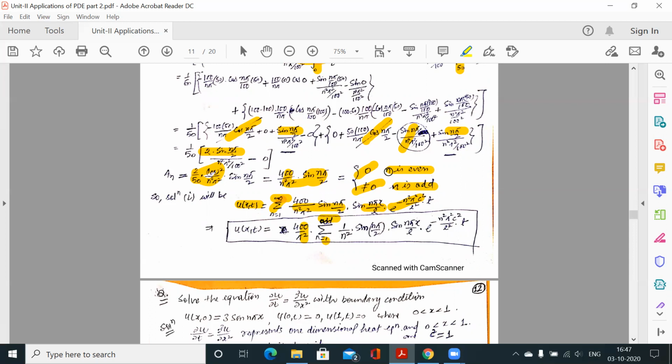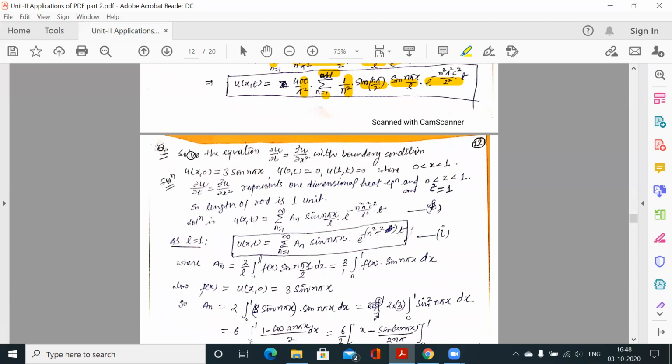And whenever n is even, a_n is 0. So only it is non-zero for odd n. So n is equal to 1 to infinity over all odd numbers: 1 by n square, sine n pi by 2, sine n pi x by L, e to the power minus n square pi square c square by L square t. So this is the answer.